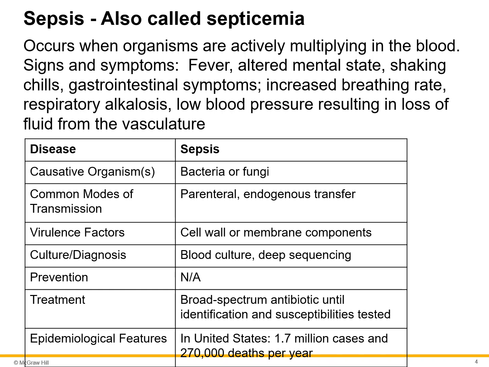They're going to cause an elevated temperature, altered mental status, shaking, chills, fever accompanied by chills, GI symptoms, and a rapid breathing rate, blowing off carbon dioxide, so the blood gets more alkaline as a result, and the blood pressure drops because of the endotoxin shock. And so sepsis is, again, a very critical situation and causes a lot of deaths in the hospital setting.